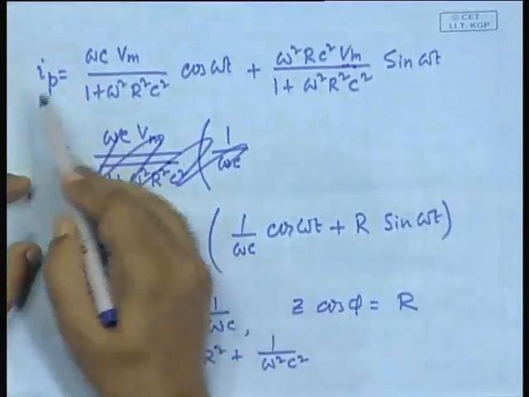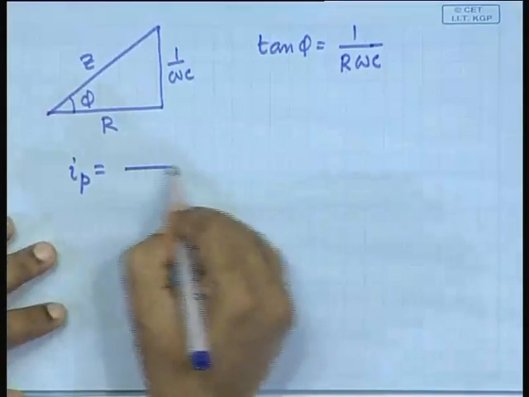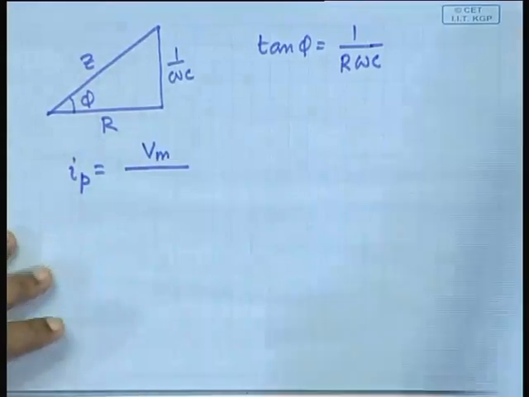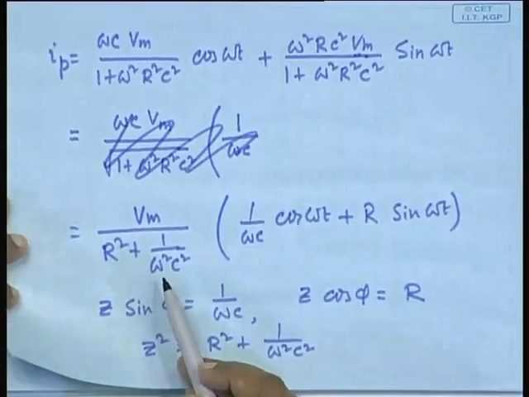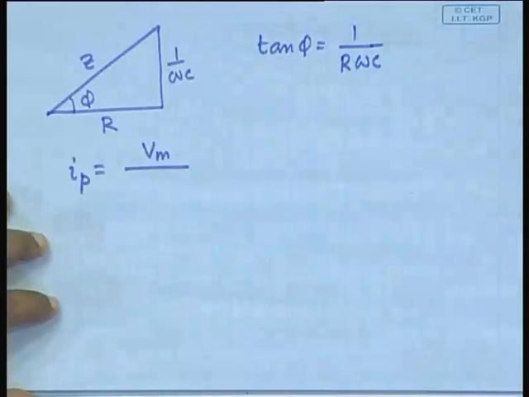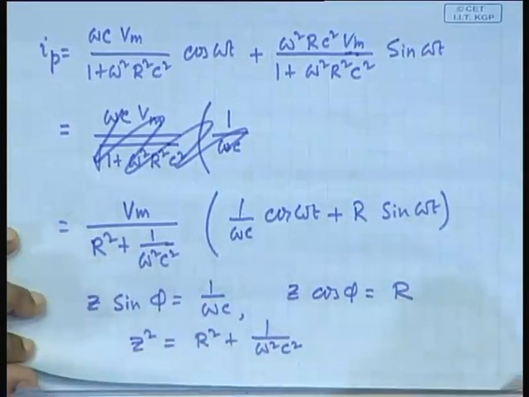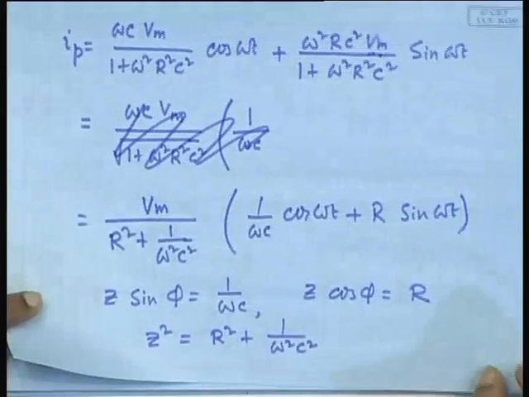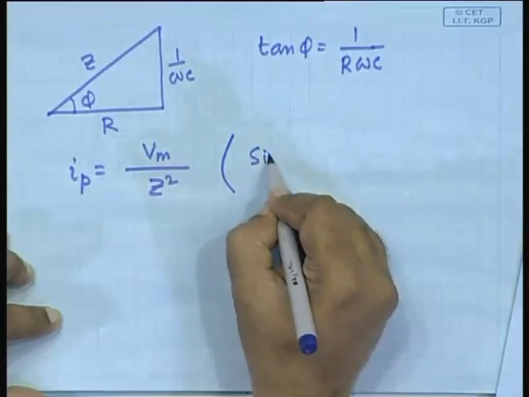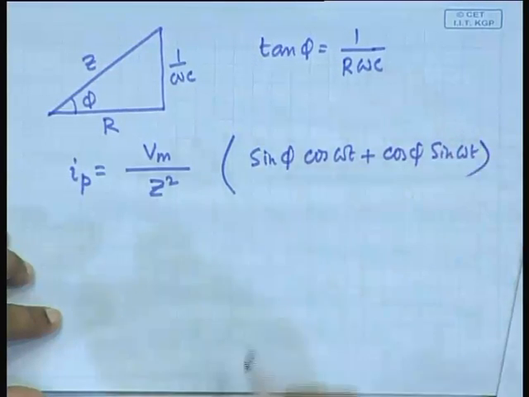In terms of this, the equation becomes I p is equal to V m, this is Z square in the denominator, and this is equal to sin phi cos omega t plus cos phi sin omega t. Fine.